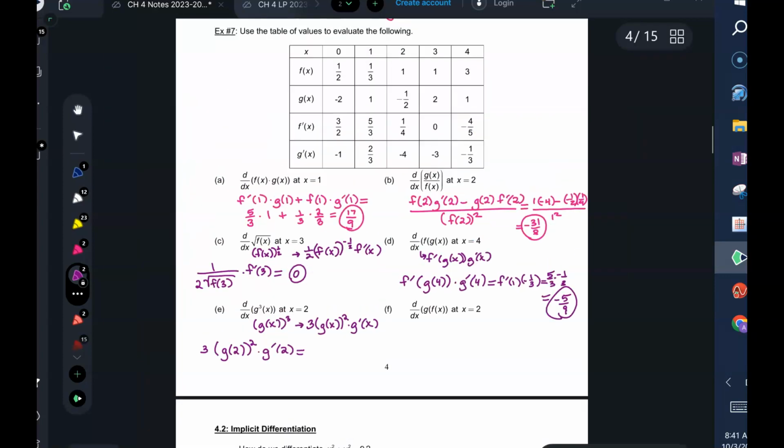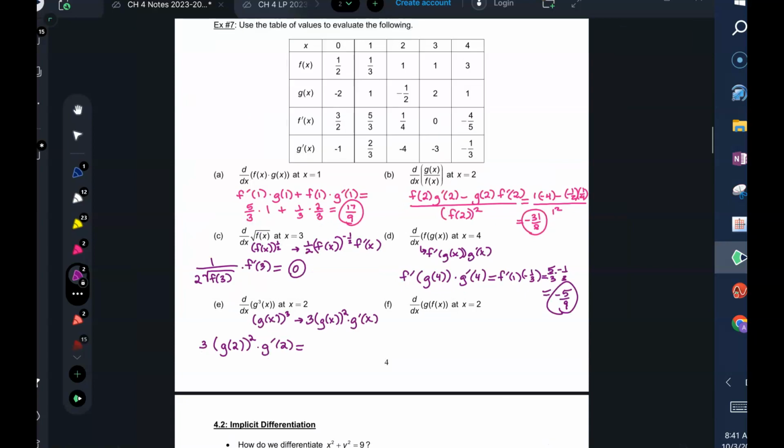Back at our table, g of 2 is negative 1/2. So it's 3 times negative 1/2 squared times g prime of 2. That just ends up being negative 3.